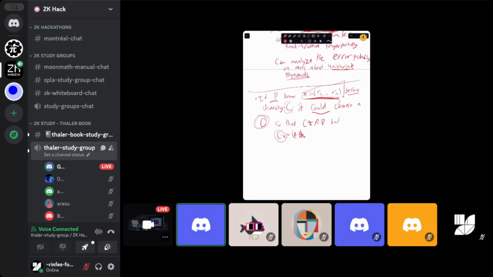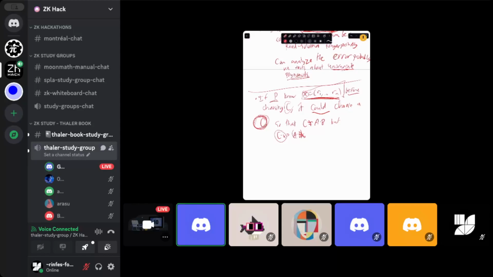And so Fiat-Shamir is this magical technique where you actually make X a deterministic function of C, but because that deterministic function is defined through cryptography, it prevents this attack anyway. We won't talk about Fiat-Shamir in detail for probably a month or something.